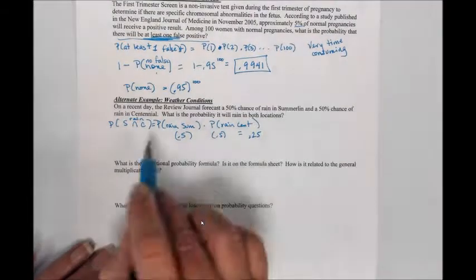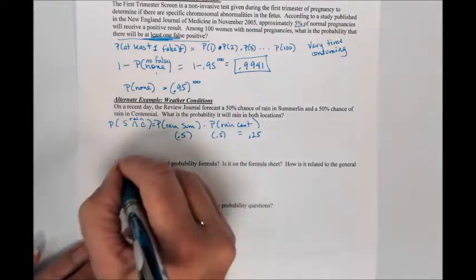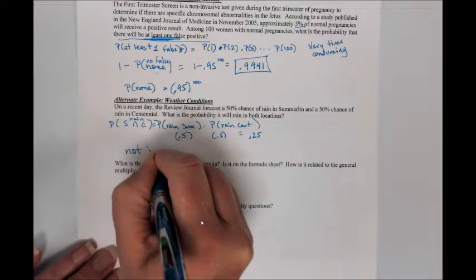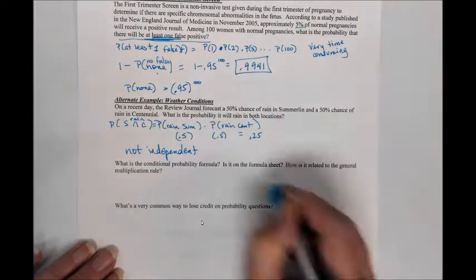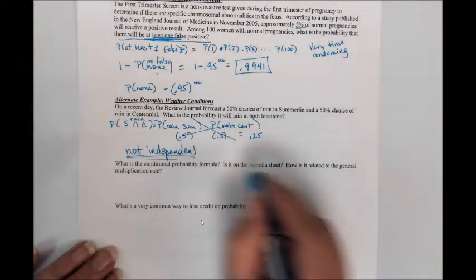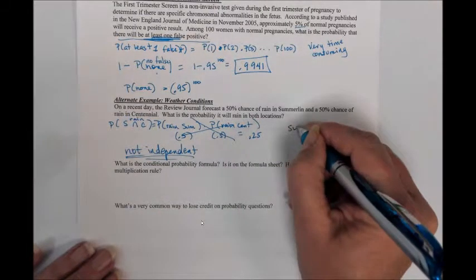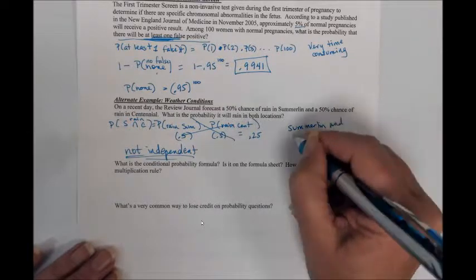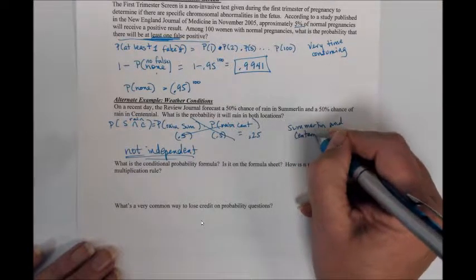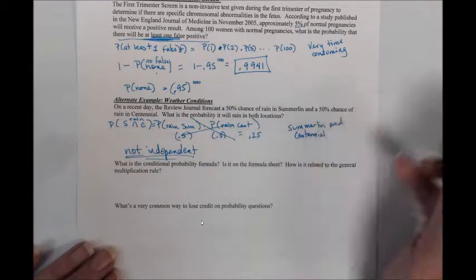The problem with this is I can't use that rule because they are not independent. Summerlin and Centennial Hills are close to each other.